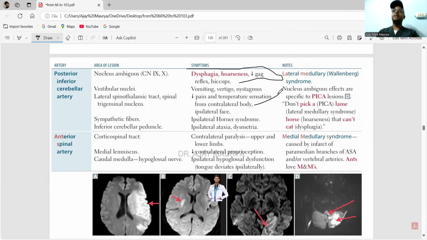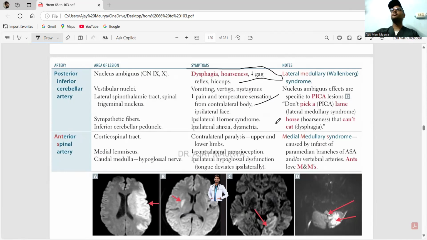Ipsilateral, one side, there is Horner syndrome. What is Horner syndrome? Miosis, ptosis, anhidrosis. Ipsilateral ataxia and dysmetria. The patient will fall on the lesion side. That's why you tell the patient to do the finger and nose test, like this.